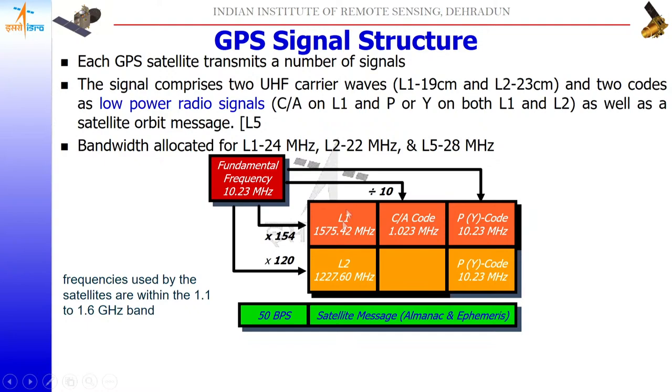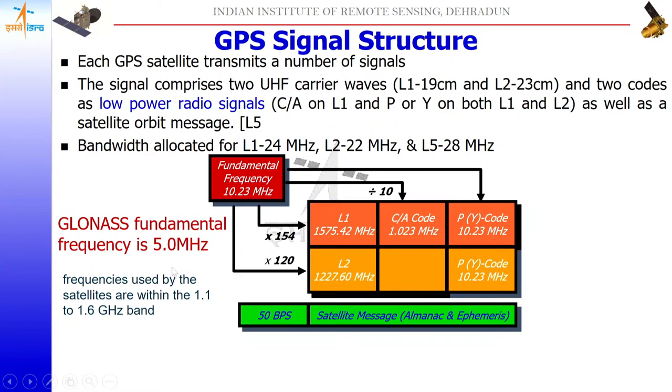So you can see here L1, L2, then the C/A code's fundamental frequency is 1.023 megahertz. This is the P/Y precise code. These both have the same fundamental frequency.